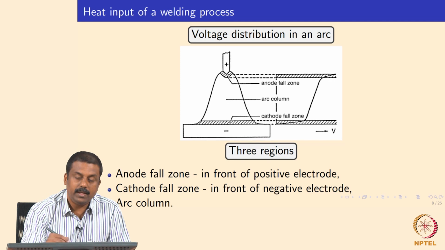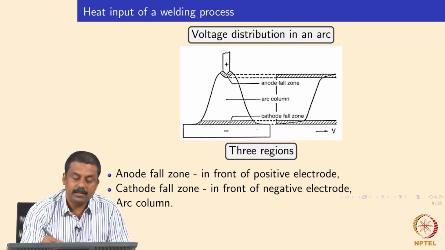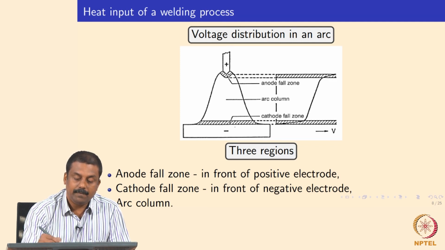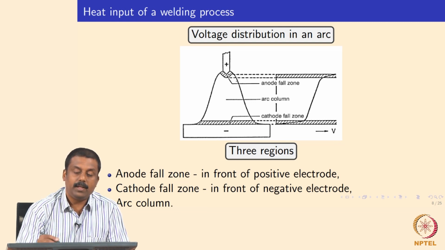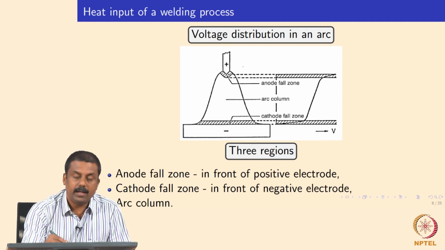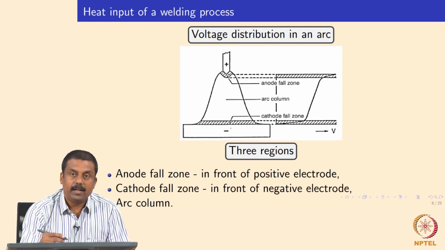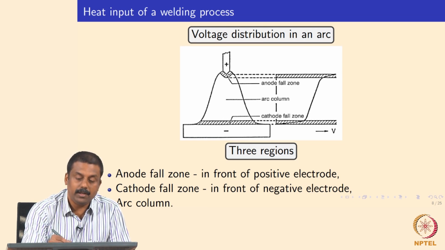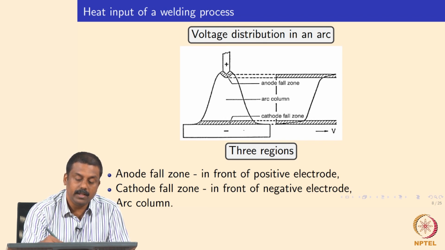Based on your polarity, you may either transfer electrons from the filler wire to the workpiece, or ions towards the workpiece, and if the workpiece is negative, you will be transferring electrons to the filler wire. But in a GMAW process, you will also be melting the electrode and transferring the droplets to the workpiece.